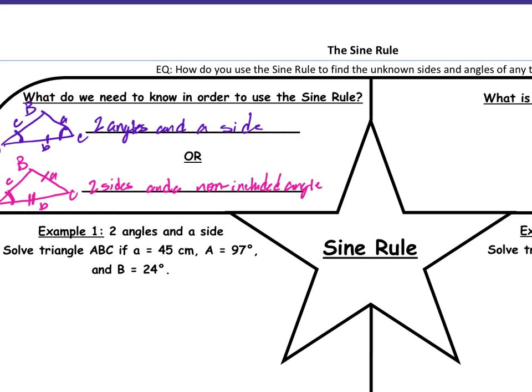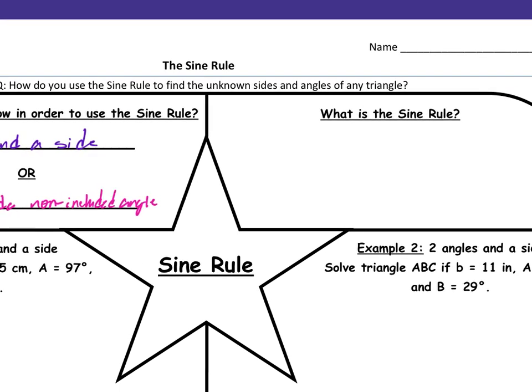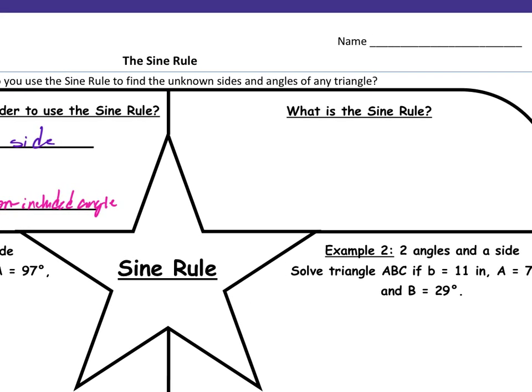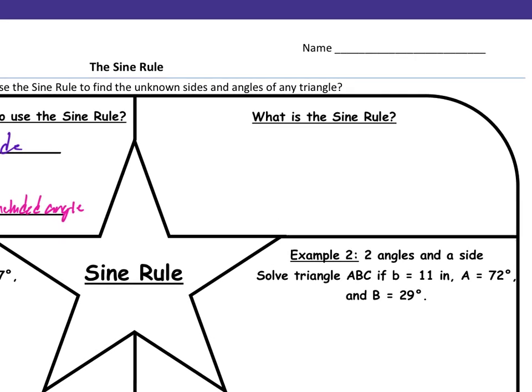Then it asks, what is the sine rule? They have me write this in because another teacher came up with these notes, and I'm just doing the way they did them.